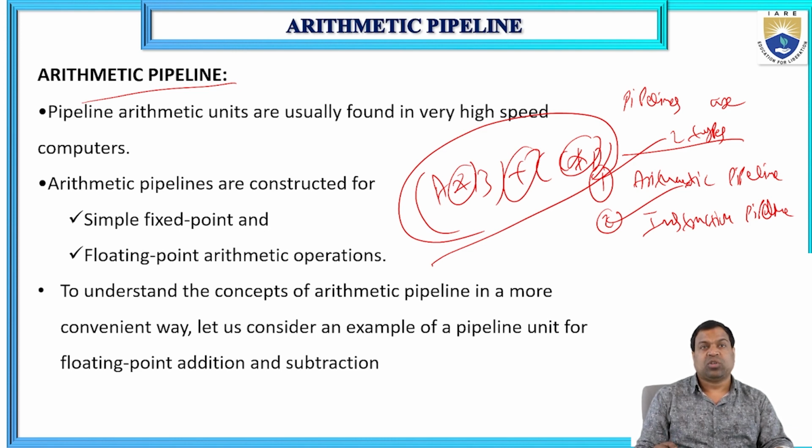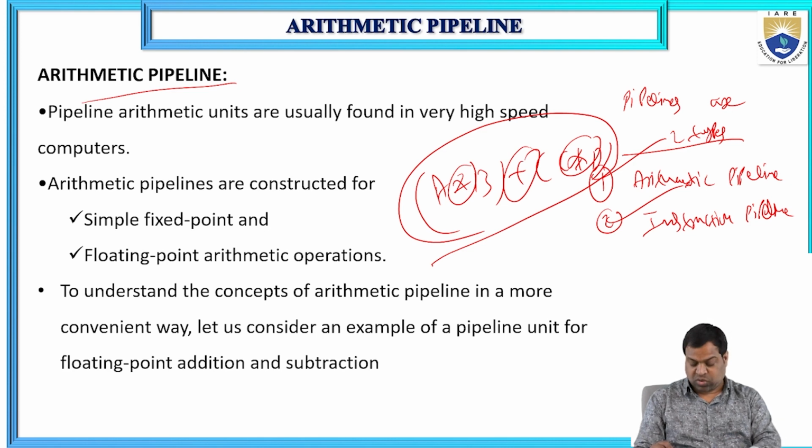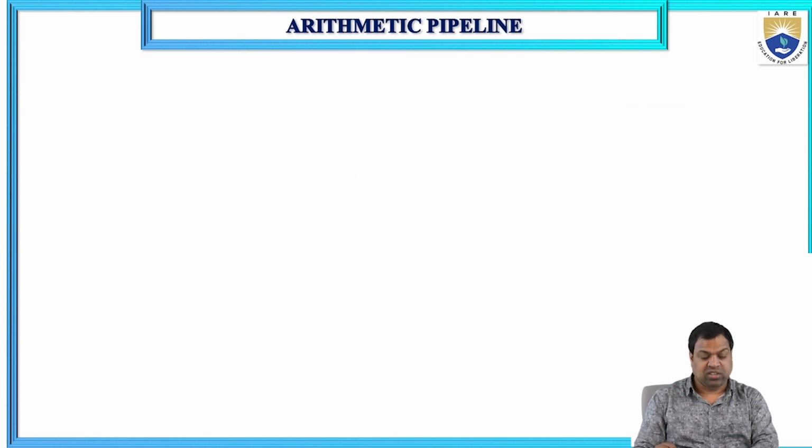But here the arithmetic pipeline is constructed with two types: simple fixed point and floating point, that is, integer values and floating point values. To understand the concepts of arithmetic pipeline, we are going to take one example of floating point addition and subtraction.